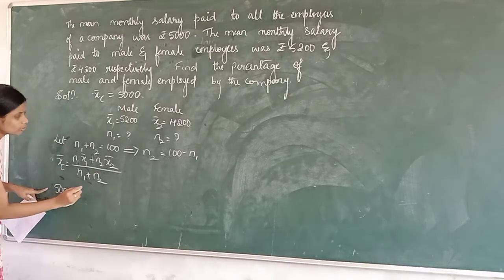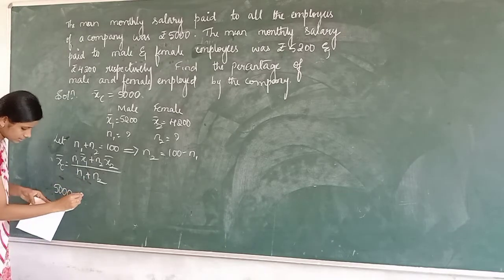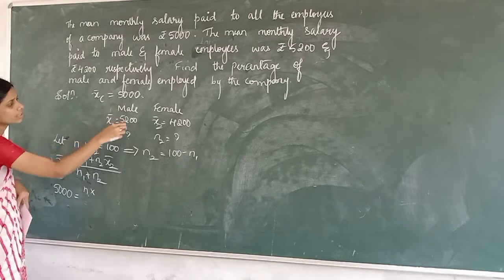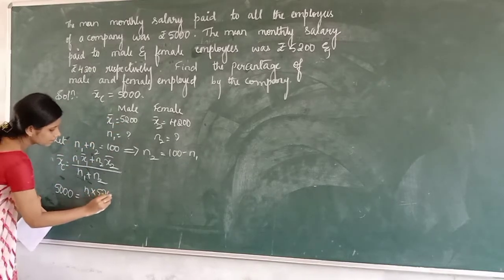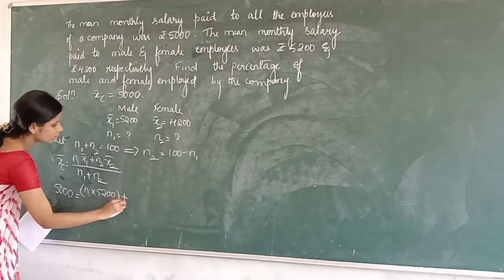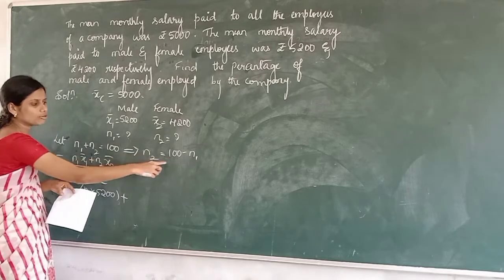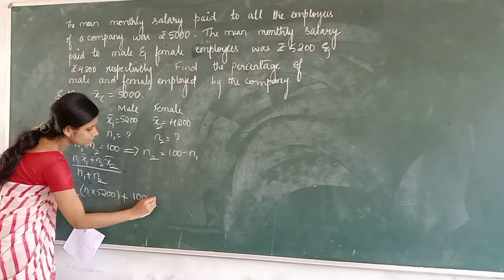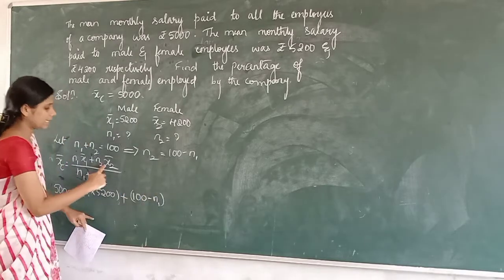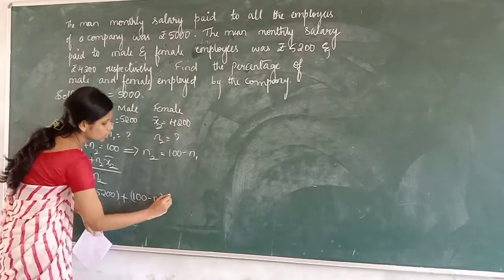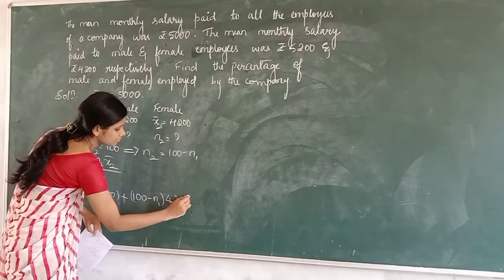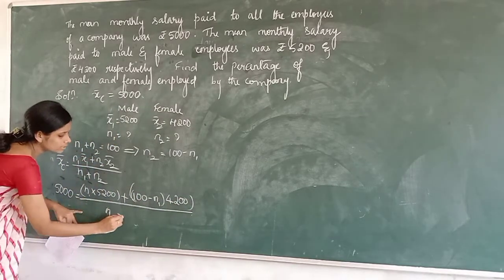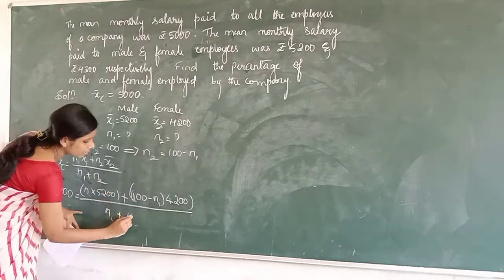So 5,000 is equal to N1 into x bar 1, which is 5,200, plus N2, which is 100 minus N1, into x bar 2, which is 4,200, divided by N1 plus N2, which is 100 minus N1.